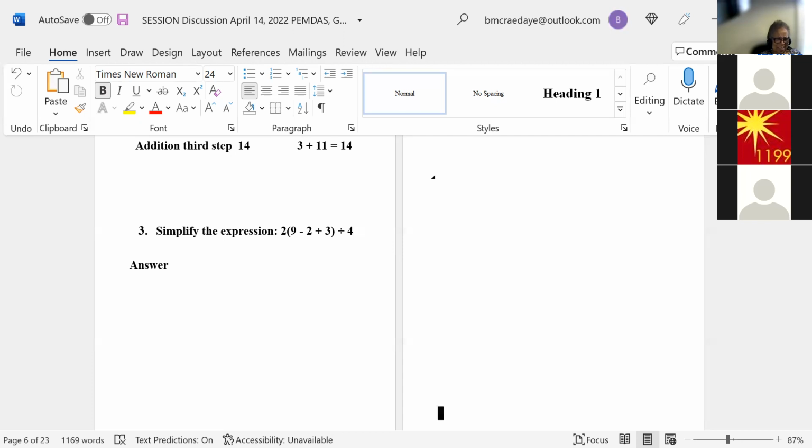What did you get for the parentheses when you evaluated just the parentheses? 10. Then 2 times 10 is 20. First, I have to do what is in parentheses, right? Yes, and then you multiply. Then you divide. Those are your steps.